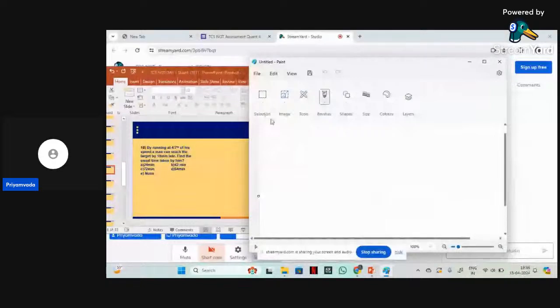So D1 equals D2, the distance covered in both incidents, right? So we'll be writing S1 T1 equals to... what is the S1 value? We don't know, we'll consider it S. And what is the value of T1? We don't know that as well, so we'll consider it to be T.